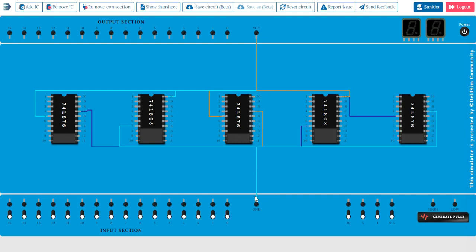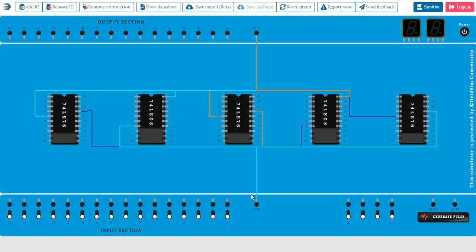For the JK flip-flop you have two inputs and two outputs. Pin number 4 is the J input and pin number 16 is the K input. The output of the first flip-flop is Q from the 15th pin, and Q complement from the 14th pin, and you have additional 3 inputs which you need to know.